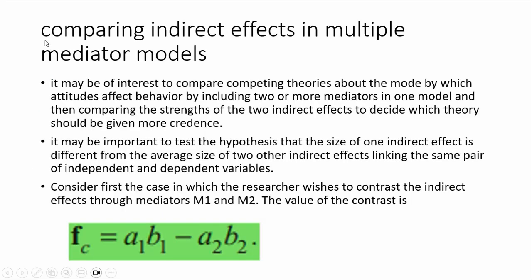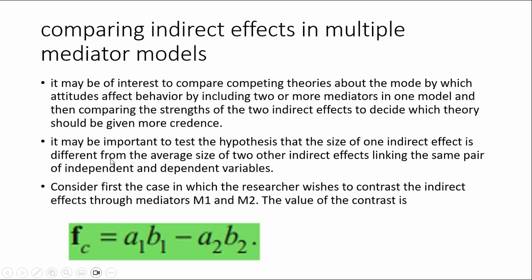And we can also compare the indirect effects in a multiple mediator model. What is the purpose of comparing indirect effects? Maybe we want to know which theory is stronger than the other theory.